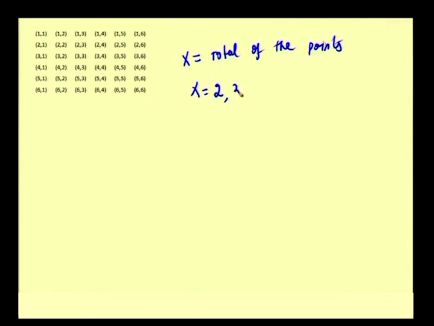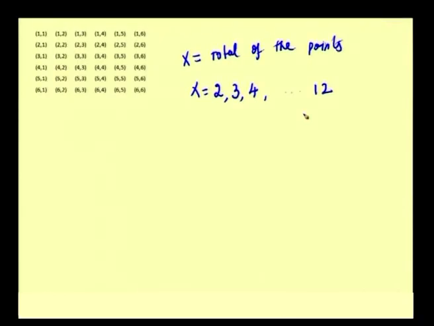So, x takes the values 2, 3, 4, etc. up to 12. This 12 is (6,6). So, x is taking the values from 2 to 12, which are finite in number, therefore it represents a discrete random variable. When it represents a discrete random variable, we have to talk about the probability mass function.